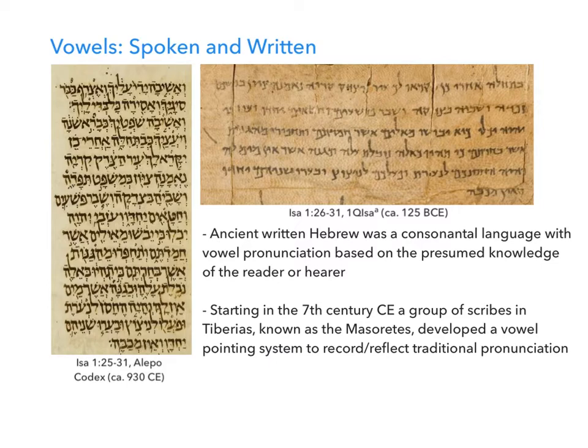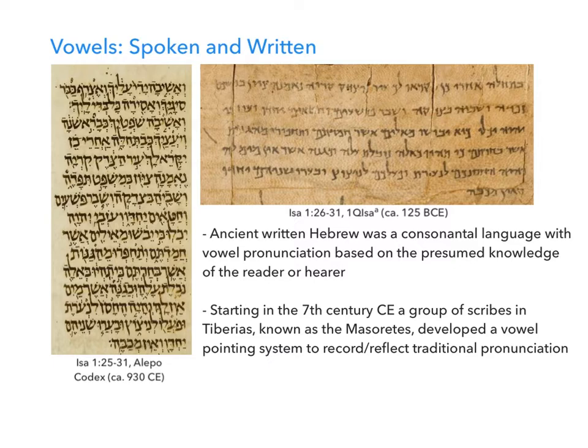Now, in our first session on the Hebrew alphabet, we emphasized that by its very nature, Hebrew is a consonantal language. In ancient Hebrew, as well as in modern Hebrew, and classical Hebrew is where we are in the middle, it's a consonantal language without any vowels.